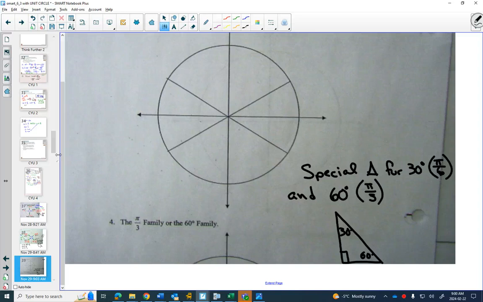Here's a question for you. You remembered when I gave you the hint that if two angles are the same and two sides are the same, that kind of triangle, when I said it started with the letter I, was isosceles. Do you remember the name for a triangle where all three angles are different? And the hint is it starts with an S. Look at that, you guys are doing so good.